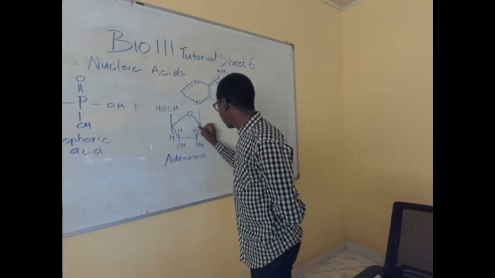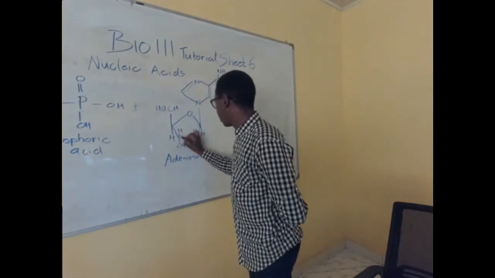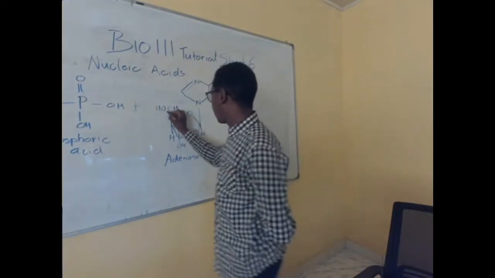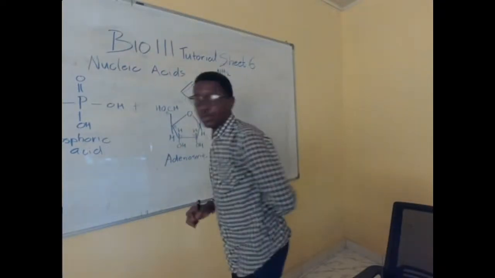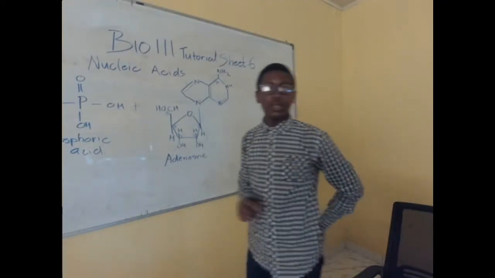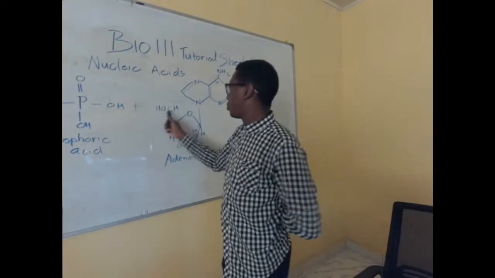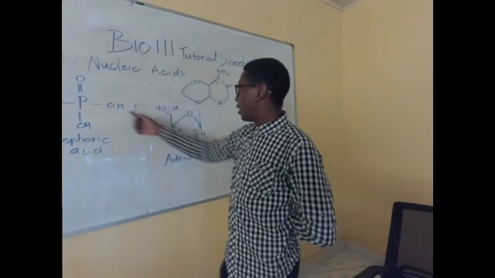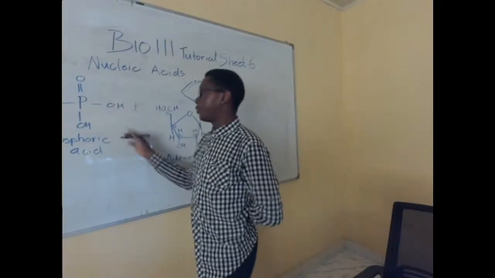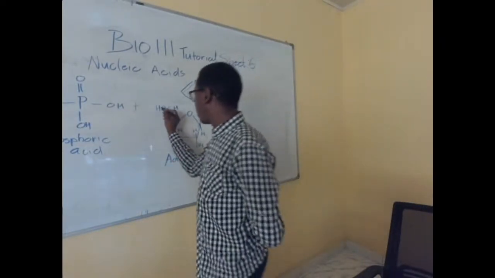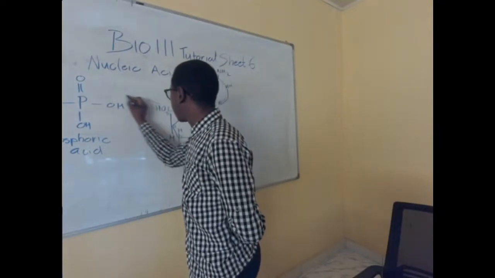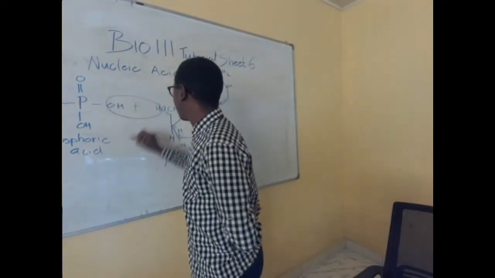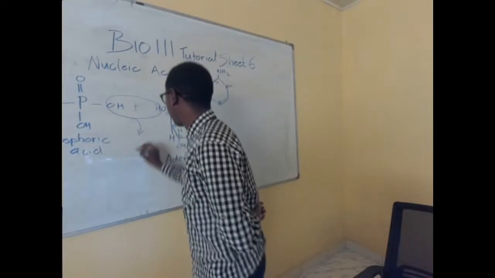So this is 1, 2, 3, 4, 5, carbon number 5. So the reaction is going to happen between the hydroxyl group on carbon number 5 of the pentose sugar and the hydroxyl group of the phosphoric acid.